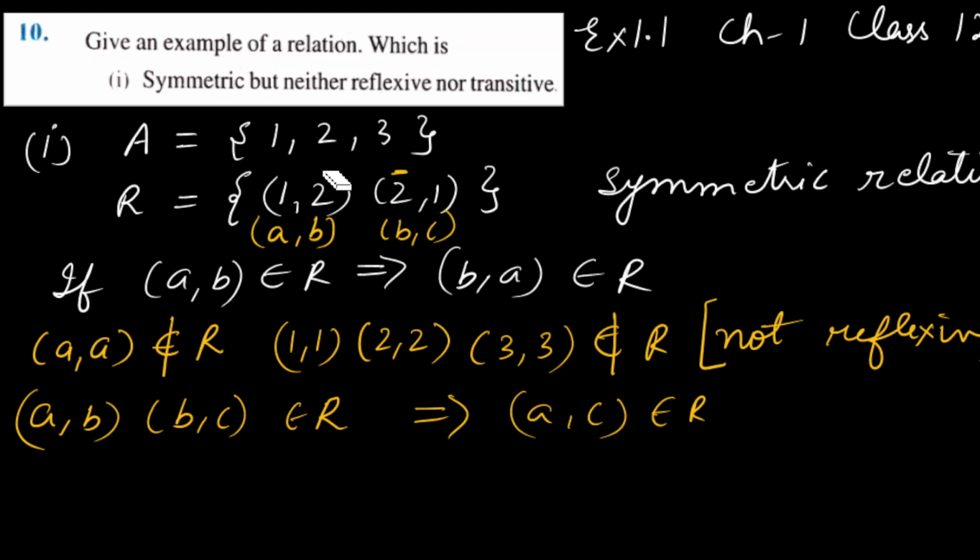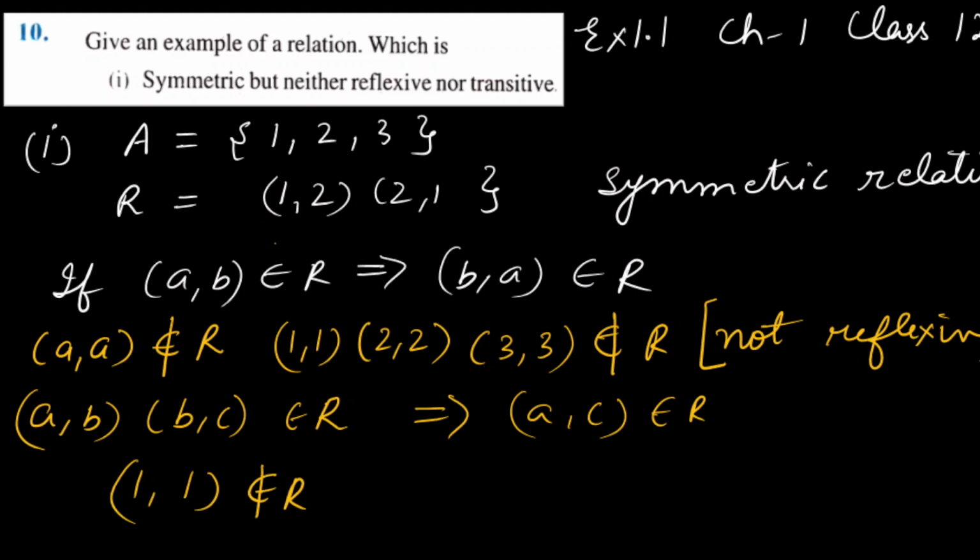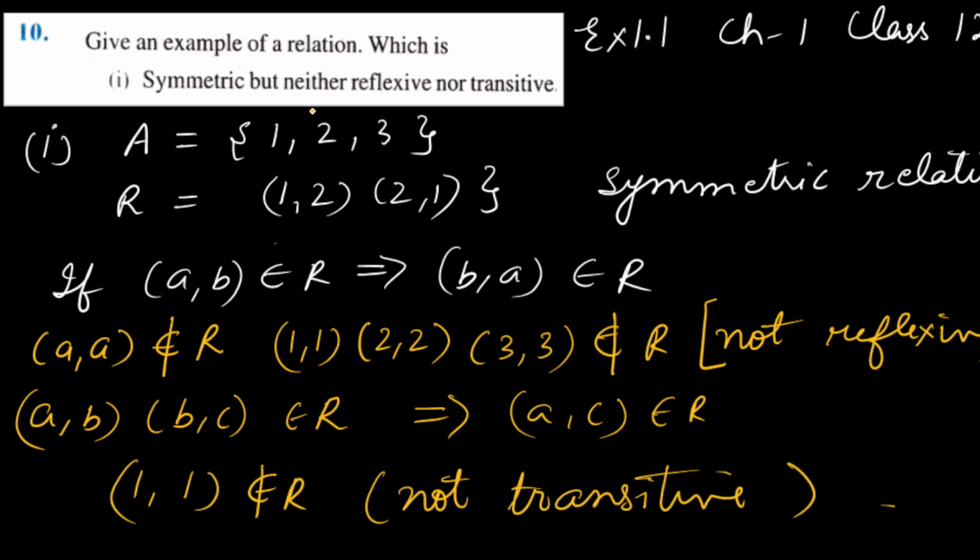So for (a, b) and (b, c), I should have (a, c), which means (1, 1). But (1, 1) doesn't belong to R. Therefore, I can say this relation R is not transitive. So we have given an example of a relation which is symmetric but neither reflexive nor transitive.